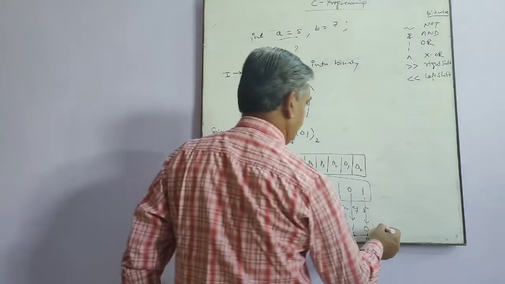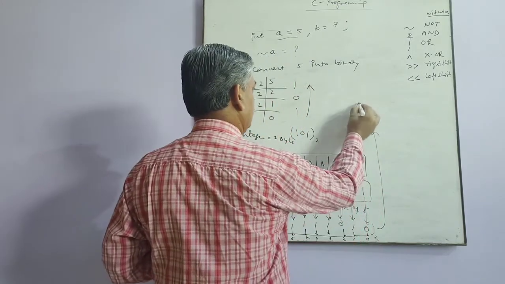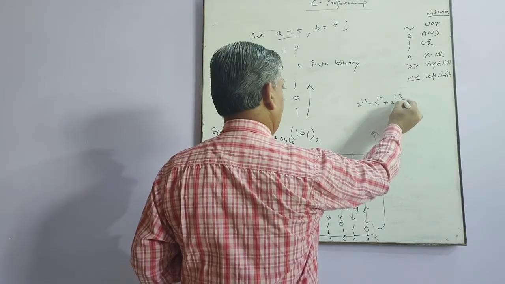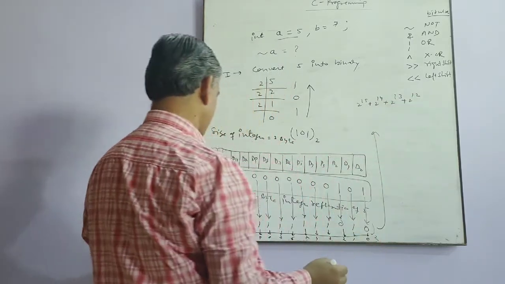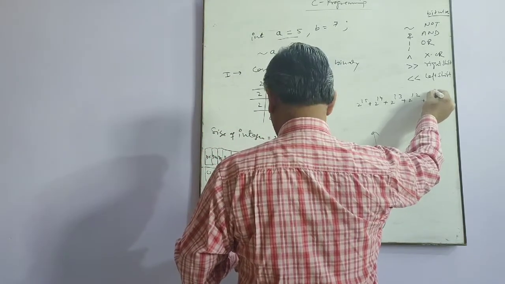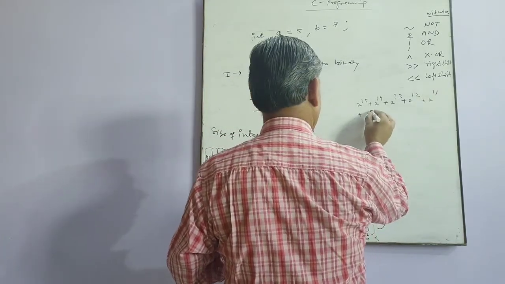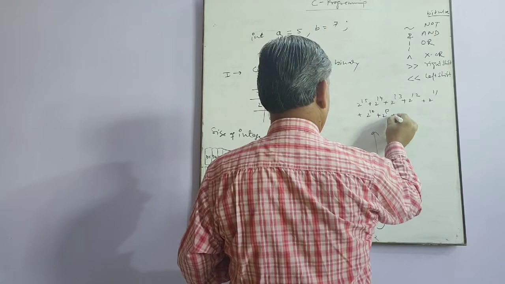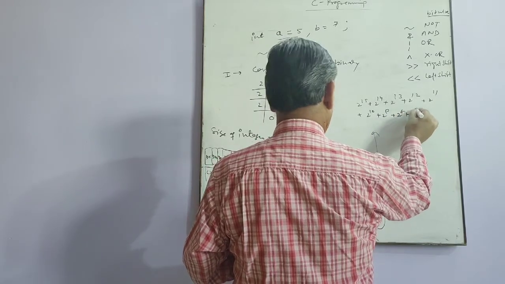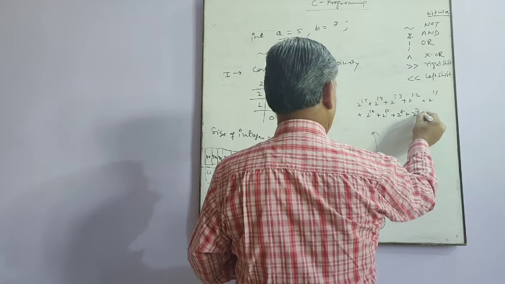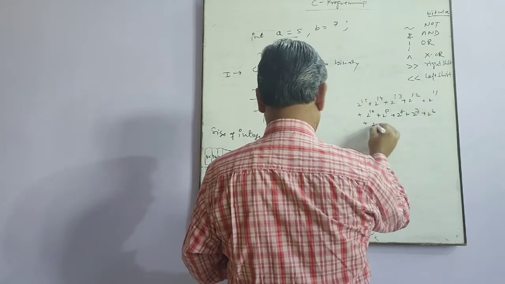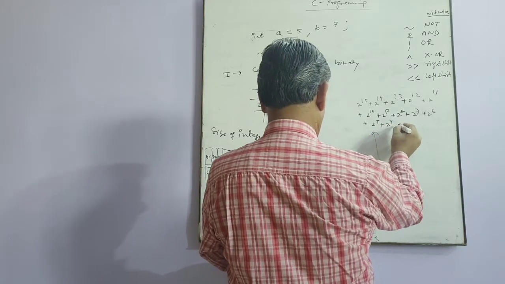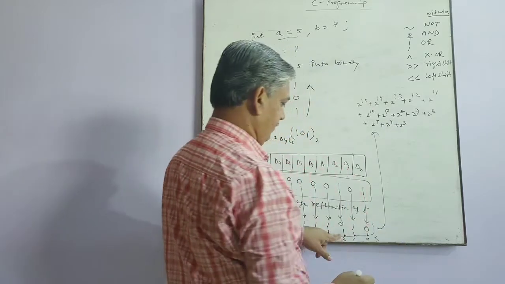So I write 2 to the power 15 plus 2 to the power 14 plus 2 to the power 13 plus 2 to the power 12 plus 2 to the power 11 plus 2 to the power 10 plus 2 to the power 9 plus 2 to the power 8 plus 2 to the power 7 plus 2 to the power 6 plus 2 to the power 5 plus 2 to the power 4 plus 2 to the power 3, and this is 0.